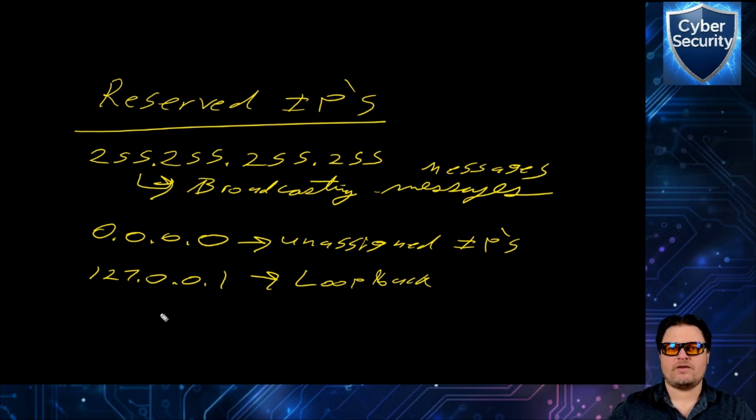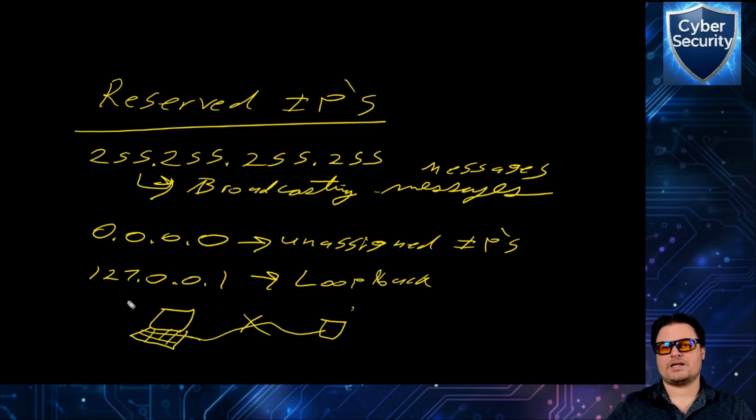So let's say you have a computer and you're connected to the wall port, and you can't get the internet. So there's no internet connection, so you put an X in the middle because there's no connection.